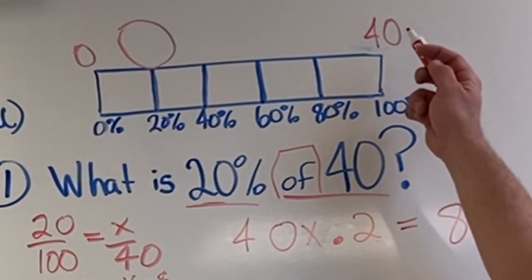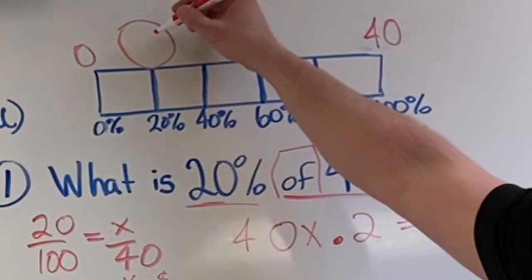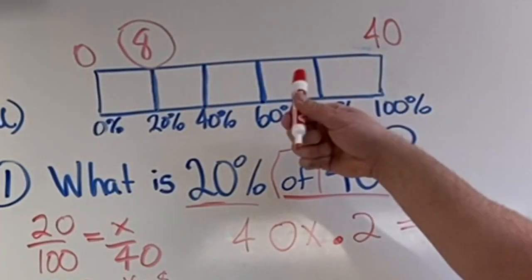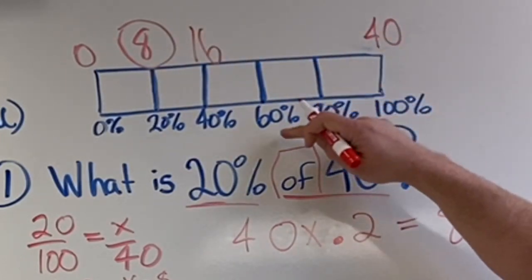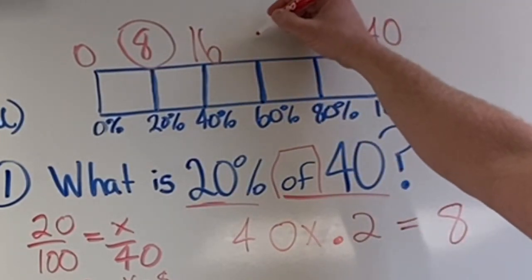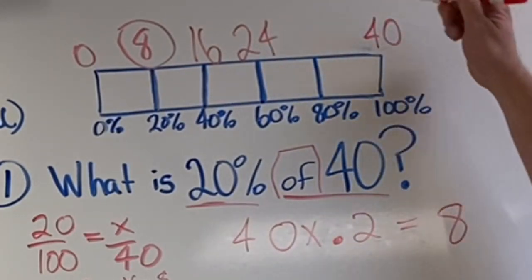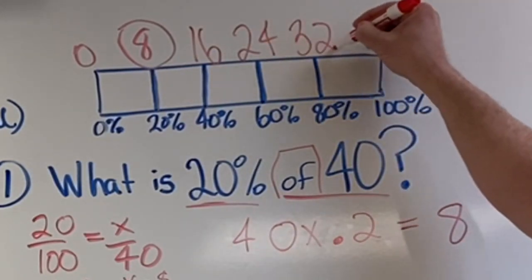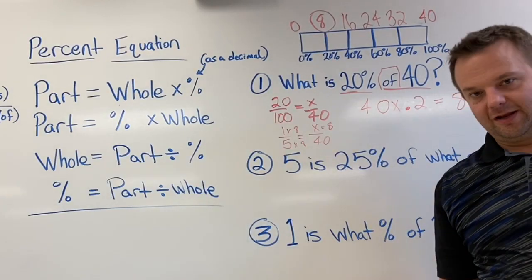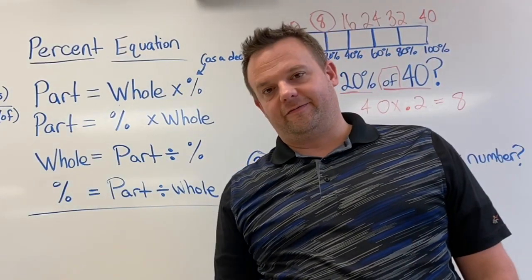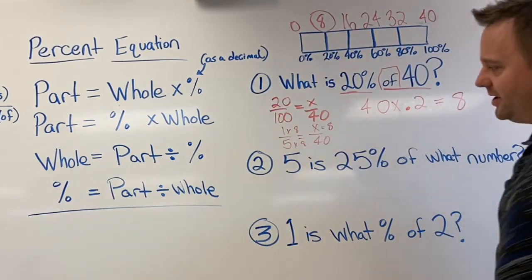So you can divide by 5 and get your answer right away of 8. Then 40% of 40 would be 16, 60% of 40 would be 24, and 80% of 40 would be 32. This model should help you understand the concept of the part and whole. So now let's go on to number 2.